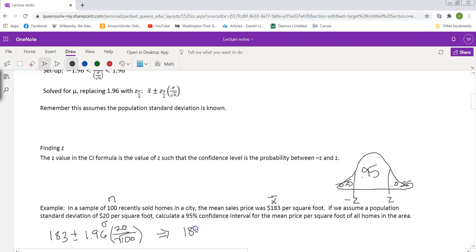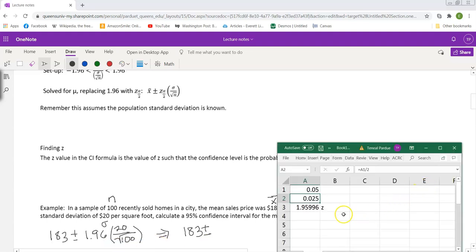So 183 plus or minus, so that's going to be the 1.96 referring directly to that cell times 20 over the square root of 100. So this is our margin of error.